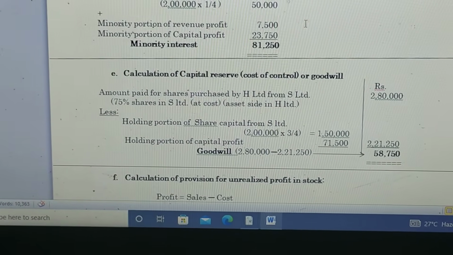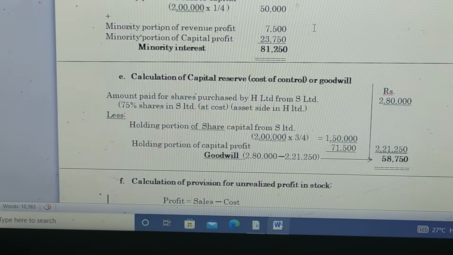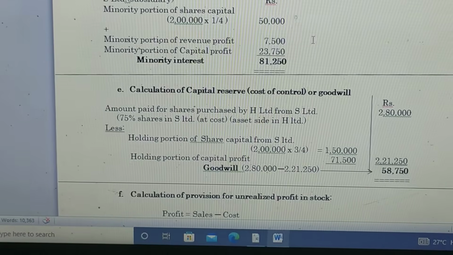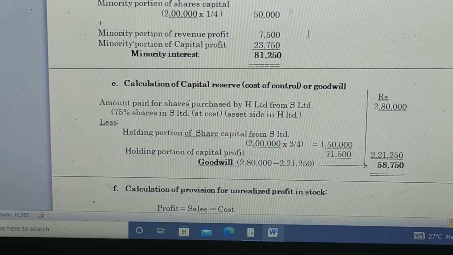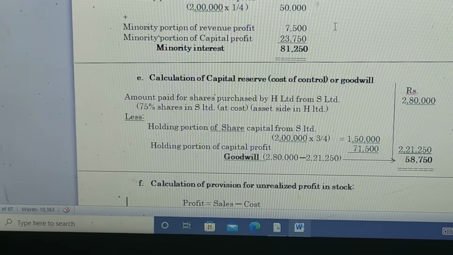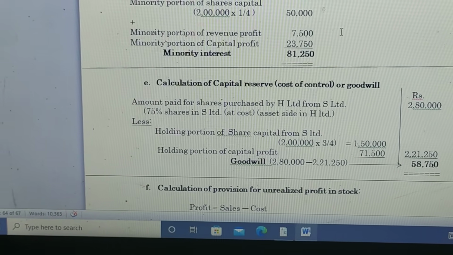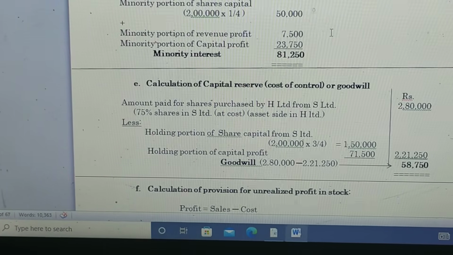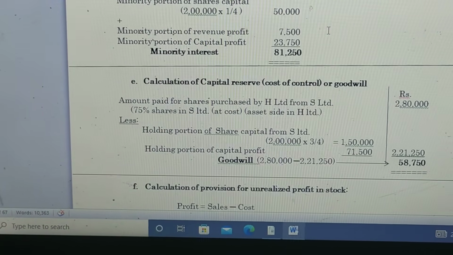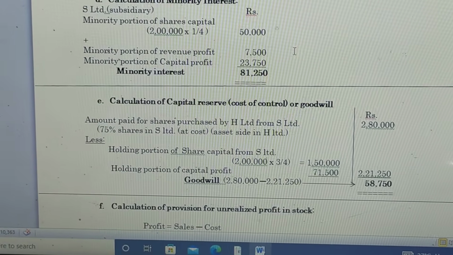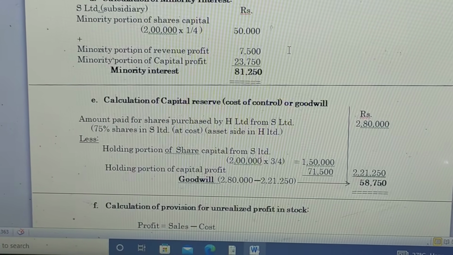The amount paid for shares purchased by H Limited from S Limited is 2,80,000, which is on the asset side of the balance sheet under the H Limited column. So 75% shares in S Limited at cost, asset side in H Limited. The amount is 2,80,000, which we have to mention in the rupees column. Less holding portion of share capital of S Limited.